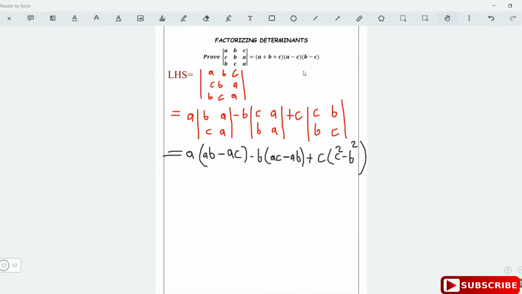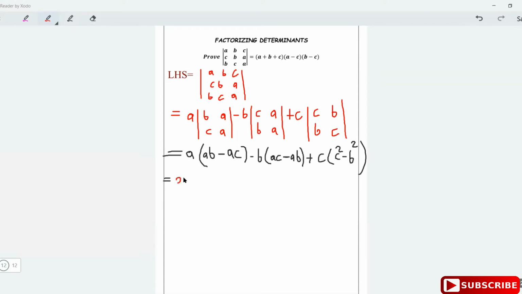Now, look what we want to do now. It just clicked to me right away. This right here, look at this now. If I factor out A right here, I see a B minus C. If I factor out a negative A right here, I see a B minus C. We're going to see it as we go along the way. So I'm going to factor out A right here.